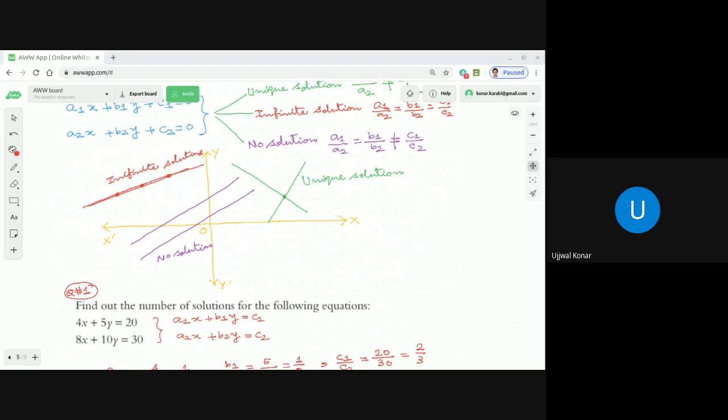In the next class we will solve some word problems, and we'll discuss the equations of lines parallel to the x-axis and y-axis. With this note, I would like to conclude the class for today, dear students. If you have any specific question, please feel free to ask me. You need to solve the DPPs of linear equations in two variables and submit them before we start our class, that is the day after tomorrow.